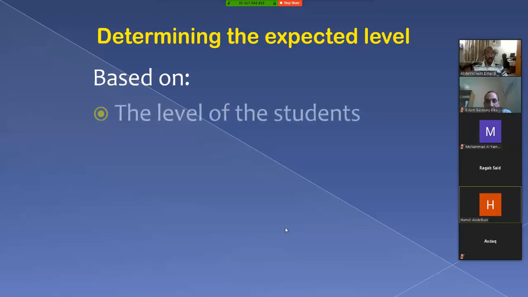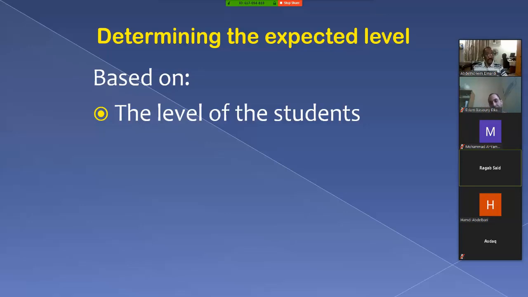The first one, the level of our students. You cannot expect a result without looking at your cohort, the cohort of students you are dealing with. You as an educator know that this cohort is better than the previous one, or they are not as good as the previous ones. So you know the students.